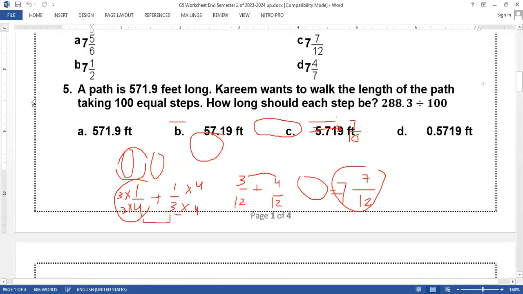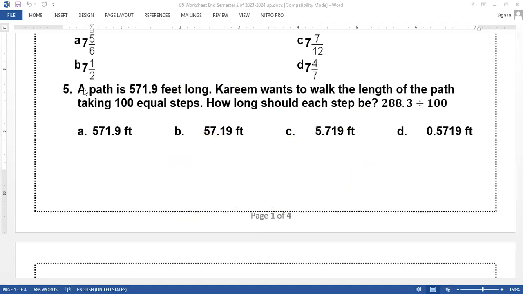Next, question number 5. A path is 571.9 feet long. Karim wants to walk the length of the path, taking 100 equal steps. How long should each step be? Divide by 100. As we see, when we divide by 100, we move the point to the left twice.